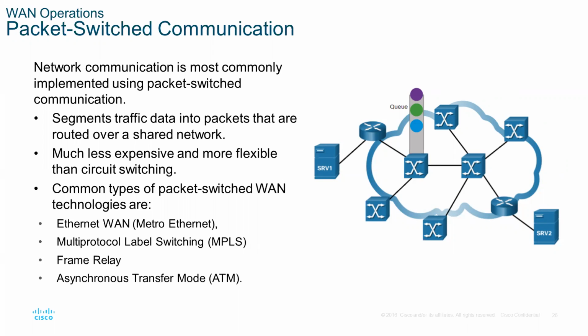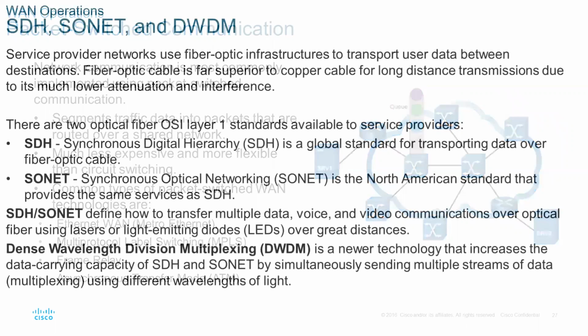So this allows the infrastructure to be built to cater for more services, which makes the overall expense cheaper compared to circuit switching, and is more flexible. So technologies that use packet switching are Ethernet WAN, i.e. Metro, MPLS, frame relay, ATM. No, I'm not talking about the cash machines down the street. I'm talking about asynchronous transfer mode, which is the big cousin to frame relay.